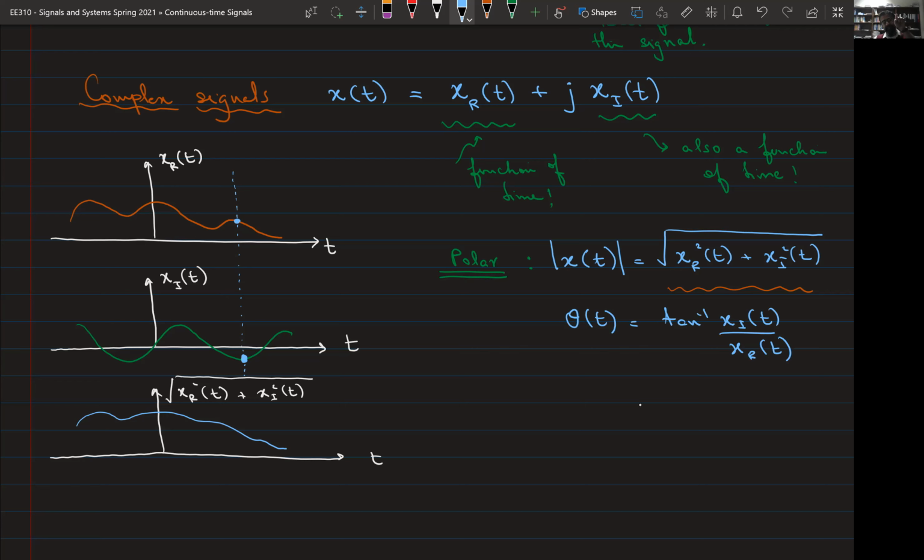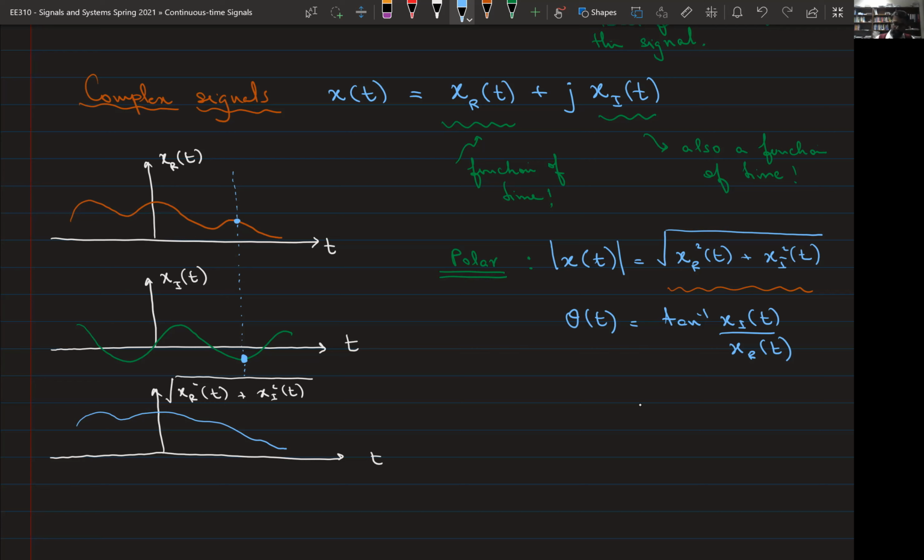If I fix xi of t and xr of t, for example, at t equals 1 second, I'm going to get a number for theta at 1 second. And I change this from 1 second to 1.1 second, I'm going to get another number at 1.1 second. And I just keep on varying t from minus infinity to plus infinity, and I just see what the behavior of theta of t is going to look like, given xr of t and given xi of t. Okay? So the phase is also a function of time. The magnitude is also a function of time.